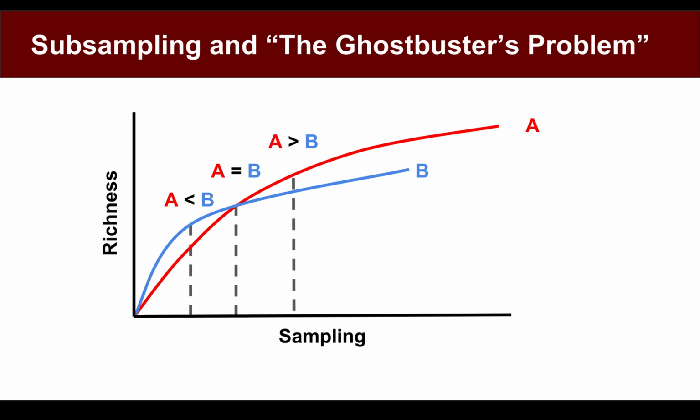But what I mean in this context is we can be in trouble if our rarefaction curves cross each other in the space. All our sampling curves have to start at the origin. Basically, when you have 0 fossils, you have 0 richness or whatever else you want to measure. But they normally will diverge after that, but sometimes they can end up crossing later on in the space, as we see in this example here.